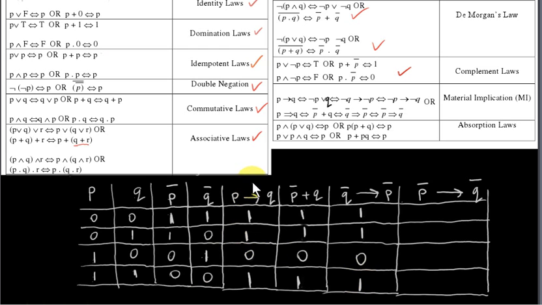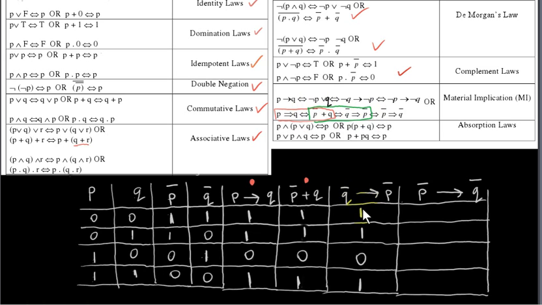Now we're after showing that this column is identical to this column here. So the first part of material implication is true: P implies Q is equivalent to not P or Q. The second part says that P bar or Q is equivalent to Q bar implies P bar.